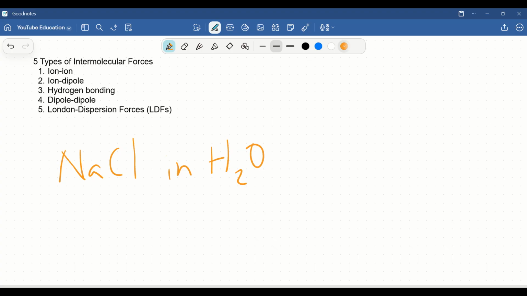And you may remember drawing a diagram like this before, maybe, maybe not. If I draw a water molecule, and I draw a partially negative up here, and a partially positive over here and here, and if I dissolve NaCl in water, you'd see that the positive Na is attracted to the partially negative oxygen, and the negative Cl is attracted to the partially positive hydrogen.